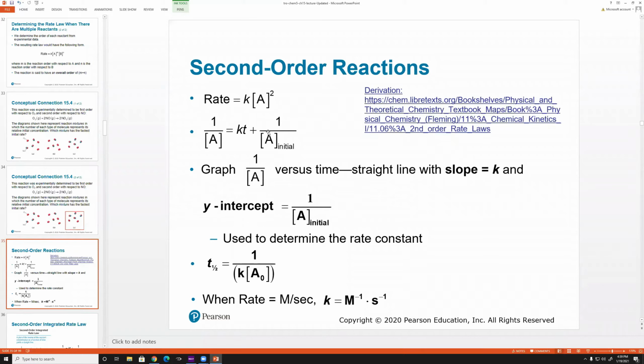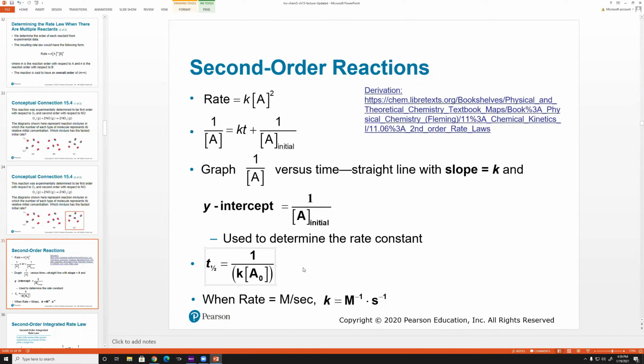But what we can see from this is that it follows another y equals mx plus b, in that the graph of 1 over the concentration of A over time is a straight line, and the slope equals positive k this time. And because there's going to be a positive slope, the y-intercept is 1 over A initial, and it can be used to determine the rate constant, and you can get the half-life from that.